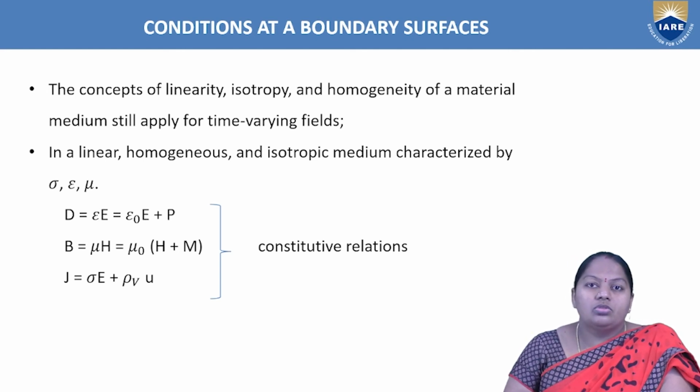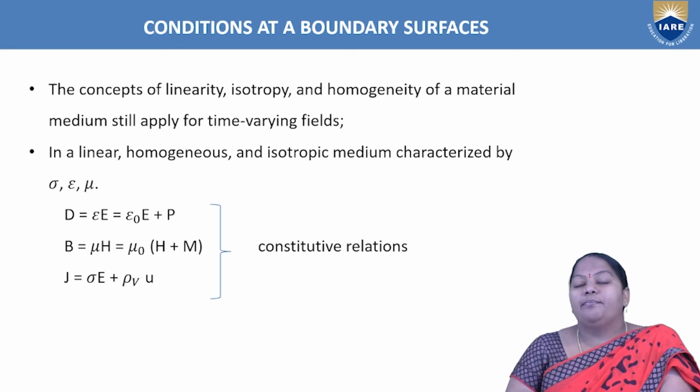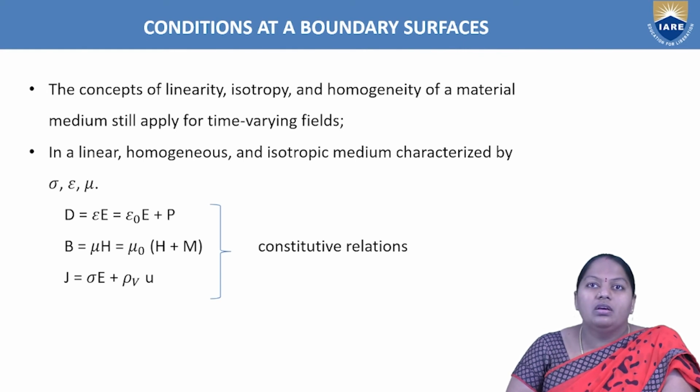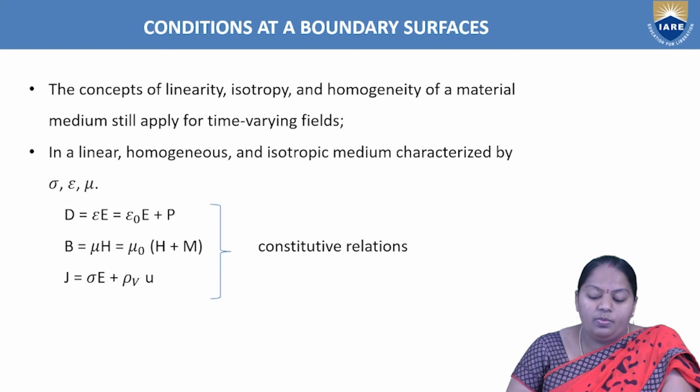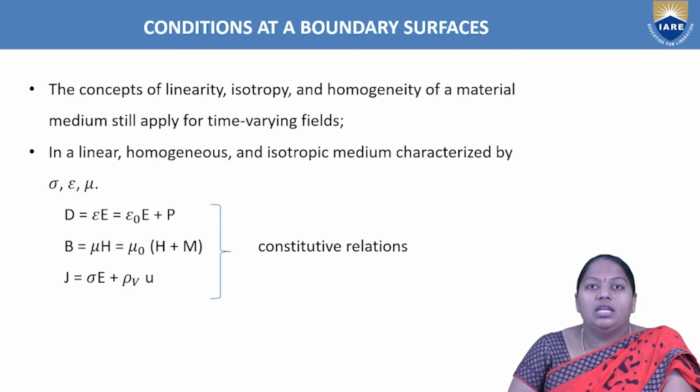Now if you combine those two, we get the boundary conditions in time varying fields or electromagnetic fields. In order to derive all such boundary conditions, we are supposed to know what a linear, homogeneous and isotropic medium is, what the different characteristics of the medium are, and what the constitutive relations are. Now we are going to learn.